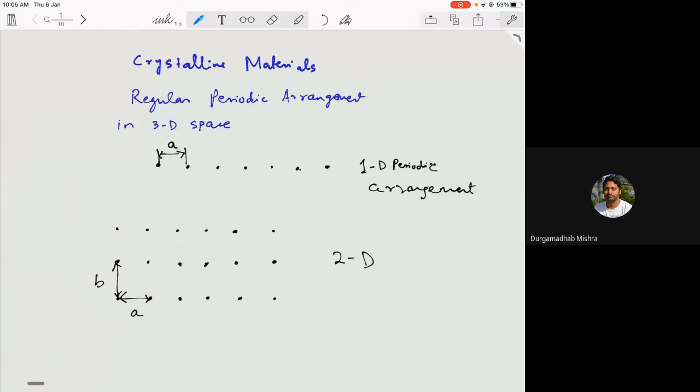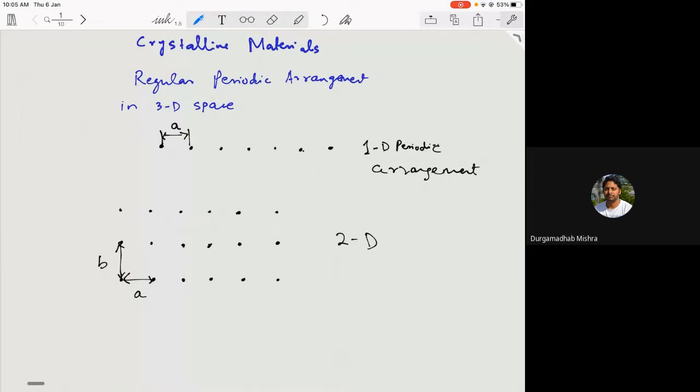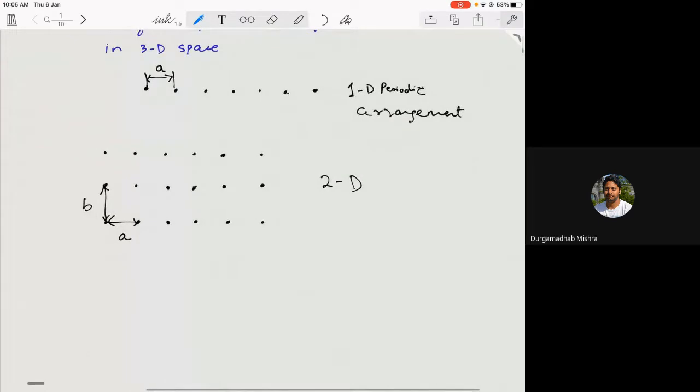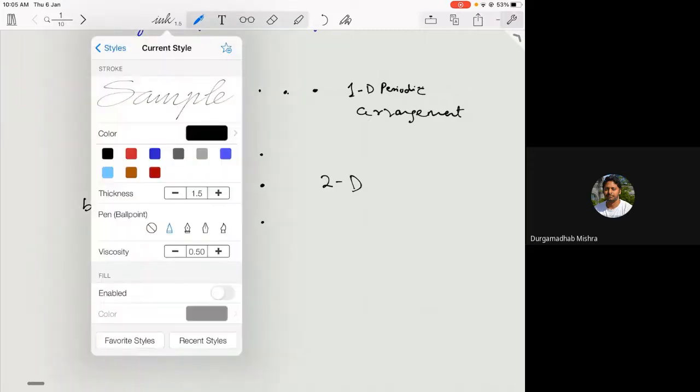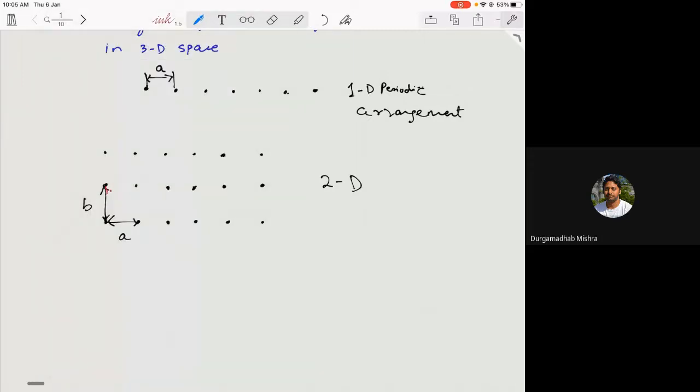This long-range periodic arrangement, in fact, can be represented by a very small unit known as a unit cell. And what is this unit cell? Let's say I take this as a small unit, and now I repeat it along this direction and along the x direction.